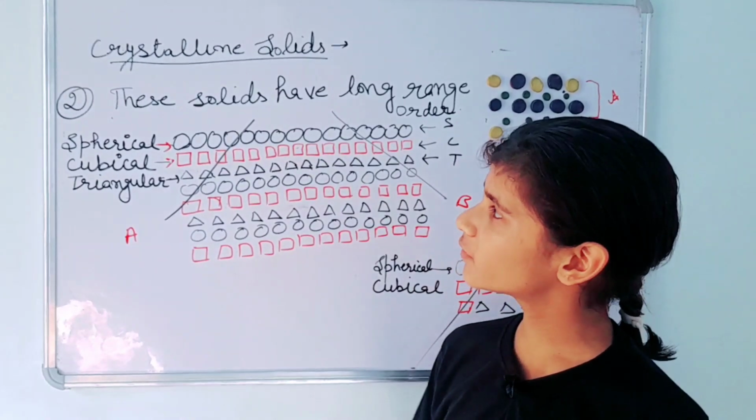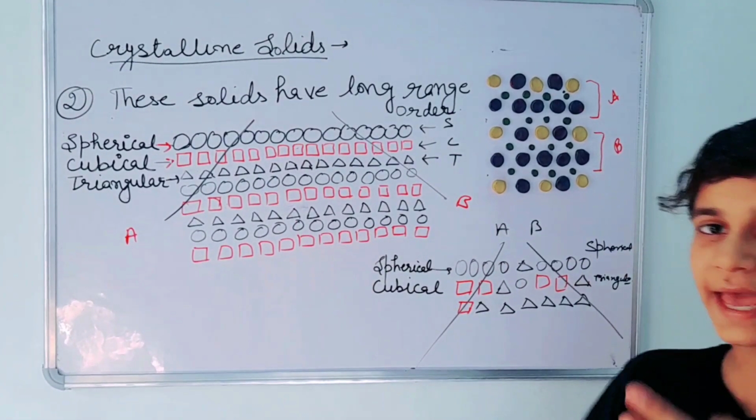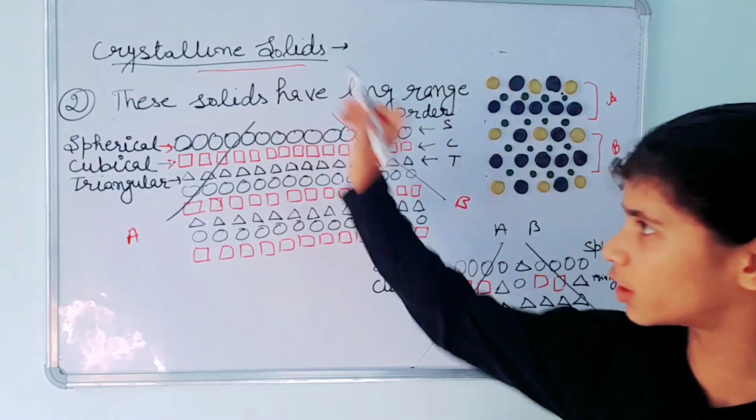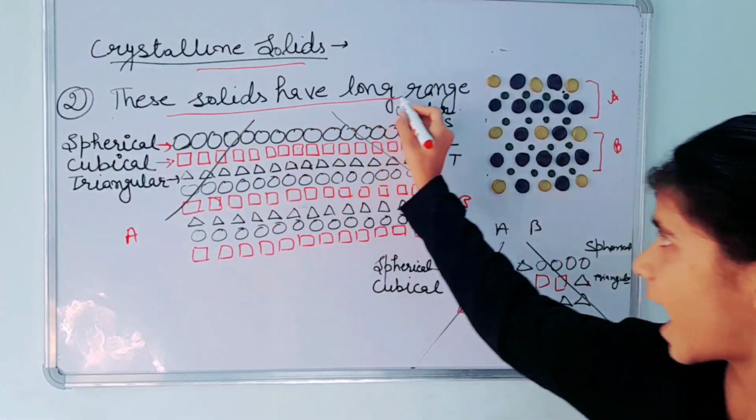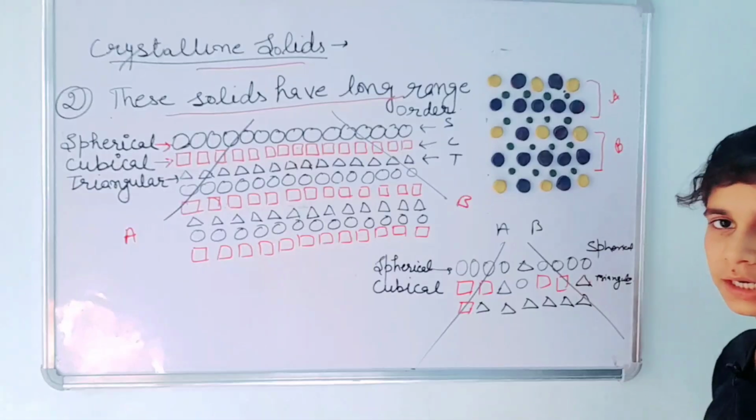Now we will start the next point of crystalline solids. The second point is that these solids have long range order.